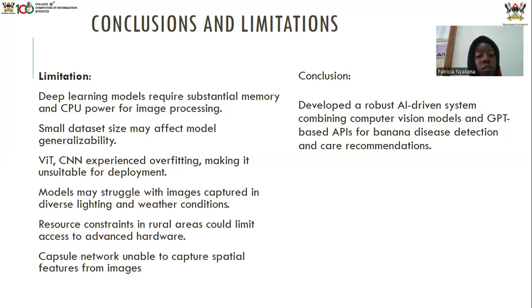Then some of the models that we trained, such as the capsule network and the classic CNN, experienced overfitting, which made them unsuitable for deployment. The capsule network was not properly capturing the spatial features such as the edges of the leaves and the lesions on the leaf, so that made it unsuitable for deployment.